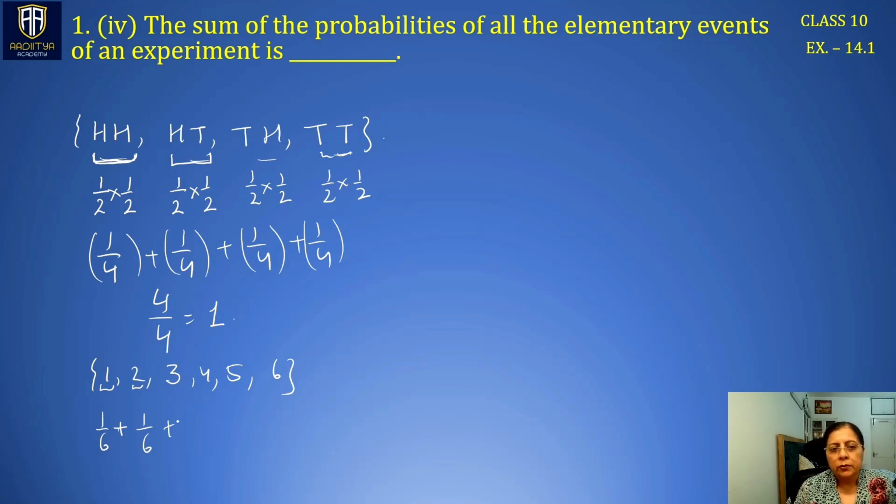So the probability of every event is 1 by 6. If we add them, we get 6 by 6, which is 1. So whenever we add up the probabilities of all the elementary events, the sum comes out to be 1. The sum of the probabilities of the elementary events of an experiment is 1.